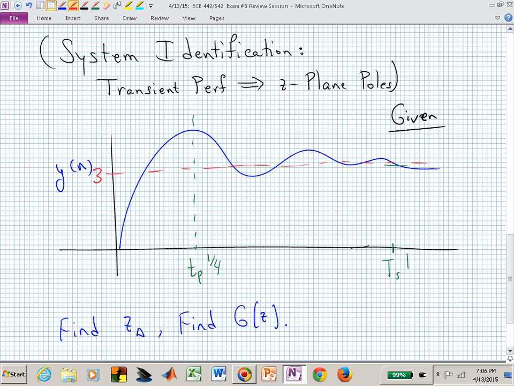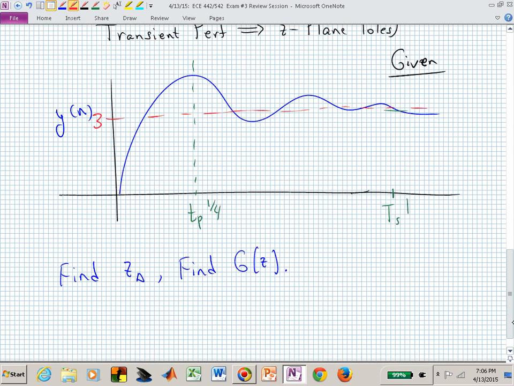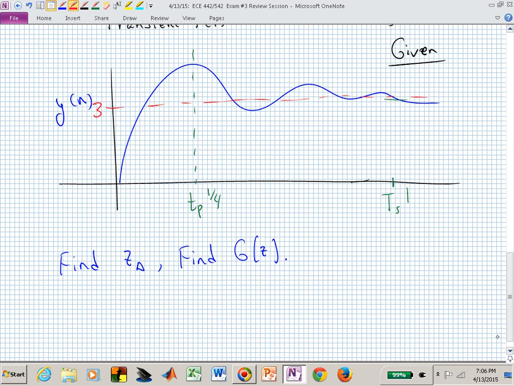So with that information, you should be able to pull out the transfer function that corresponds to that transient behavior. Here you might have to be told what produced that. You might have to be told that a unit step produced this output response.